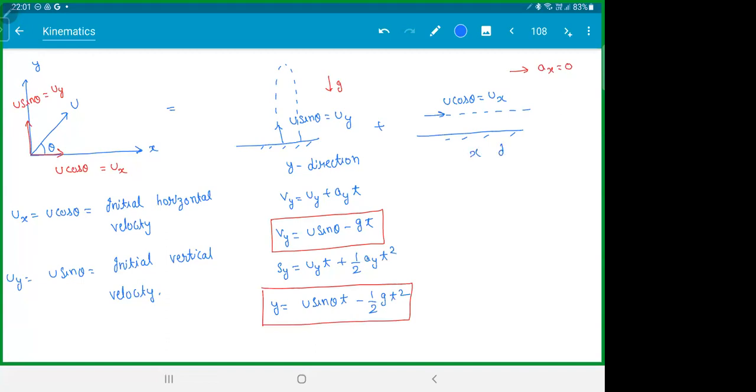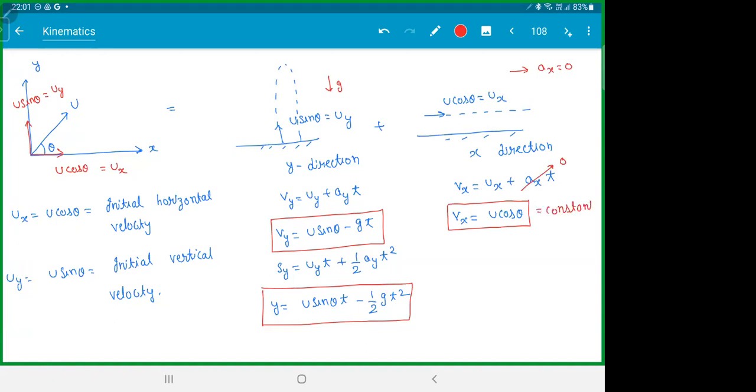Similarly, in the x direction, vx is ux plus ax t. Did you observe? I'm just putting that subscript x everywhere. I'm not doing anything new. So vx would be u cos theta, and I know ax is 0 in this case. So we have a constant horizontal velocity.